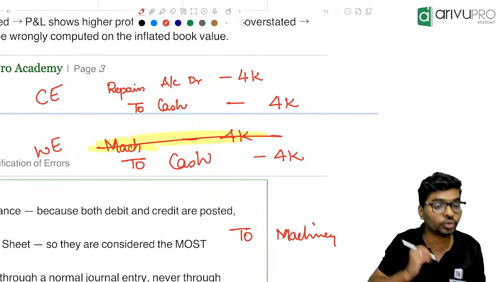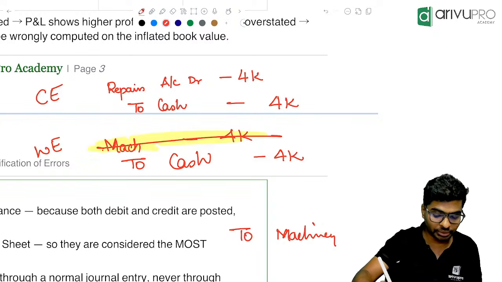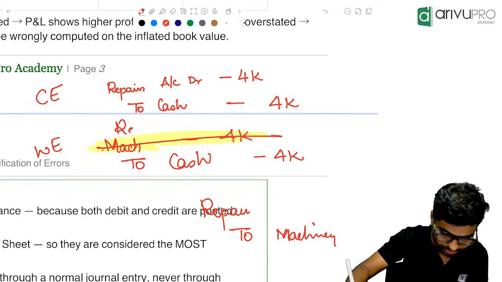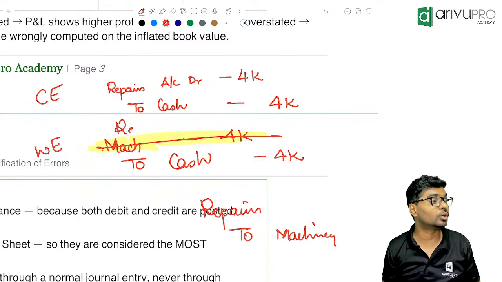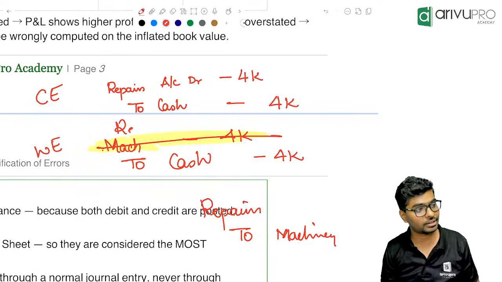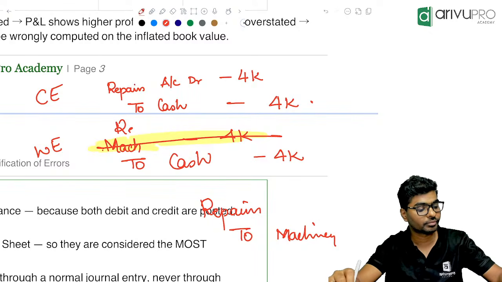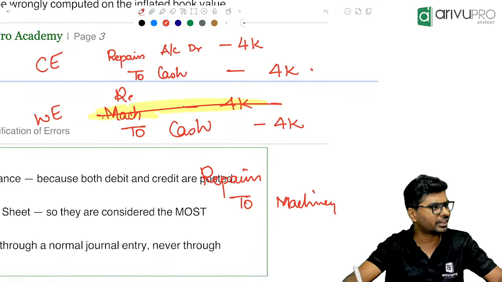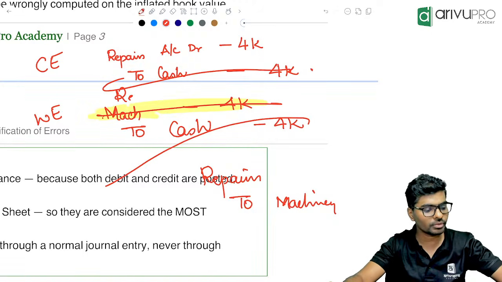Now what did I do? I eliminated this. Instead of machinery, who should come? So I'll write it as repairs to machinery account. Clear? Credit, who's there? So should I rectify it? Are you clear?